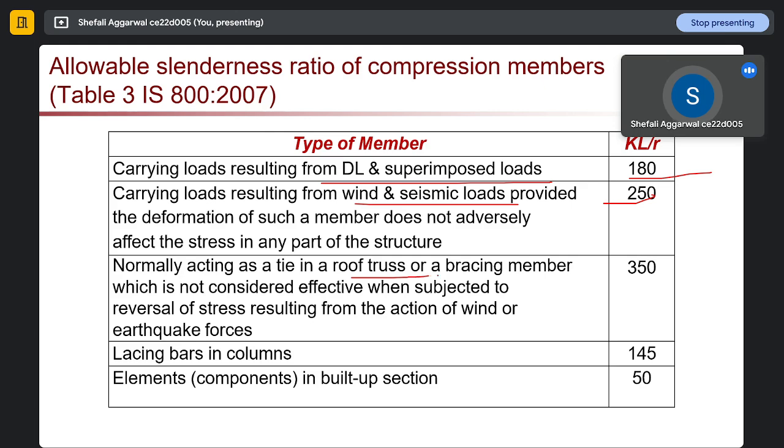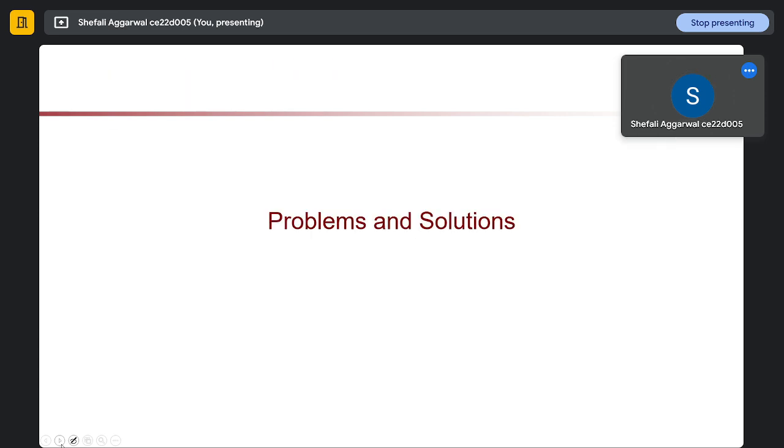If there is no roof truss or bracing member, then it is 350. Next, if we are only using lacing bars in a column, then it is 145. And if we are using any other type of element in a built-up section, then it is given as 50. Okay, so this is all what you might have studied in week 6. Next, we can see some problems which will help you solve the assignments of this week.